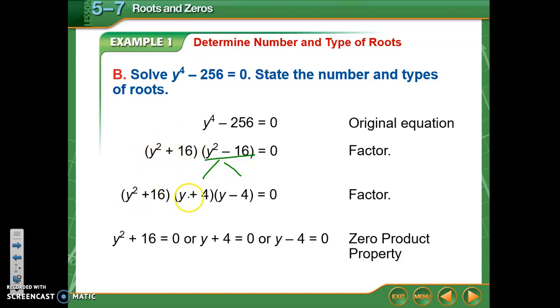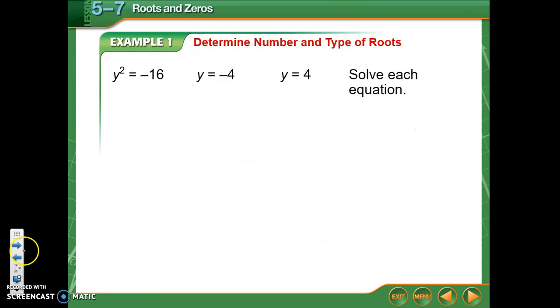Then we set each factor equal to 0: y squared plus 16 equals 0, y plus 4 equals 0, or y minus 4 equals 0. And then I solve each of those. Notice that when I'm solving, this original one was y squared plus 16 equals 0. Subtract 16 from both sides, and then I take the square root. Do not forget the plus or minus when you take a square root when you're solving.